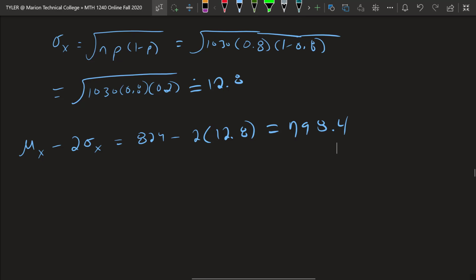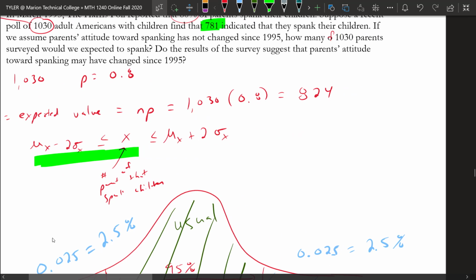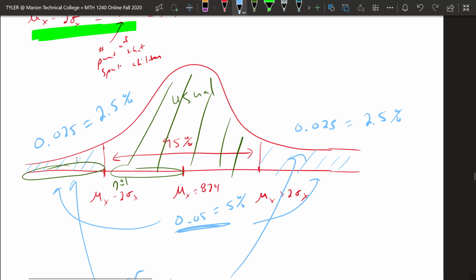So basically what I found, if we go back to my picture, is that this number here is 798.4. So finding 781 parents that spanked, that's going to be over here somewhere, which is to the left of that cutoff value, right? So this would be unusual, right? It's in that range where it's unusual.